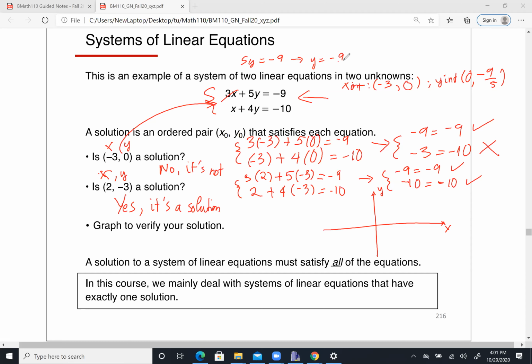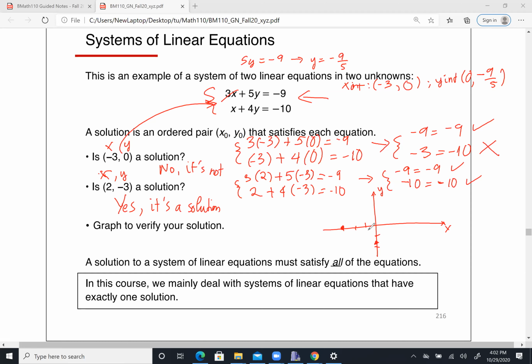So the x-intercept should be here at -3, and for -9/5 let me use a calculator: -1.8 is around here.